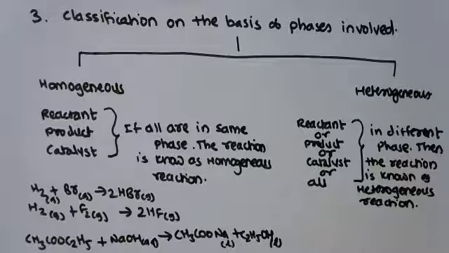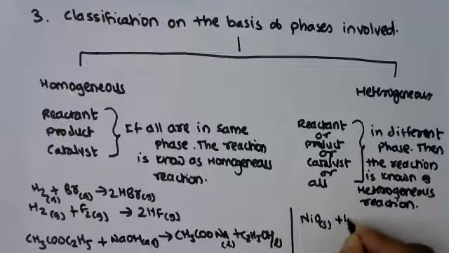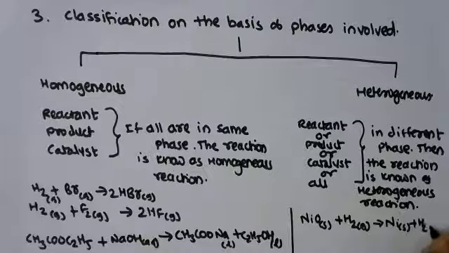Now heterogeneous reaction. The example of a heterogeneous reaction, suppose nickel oxide, this is solid. Now if this is reduced with the help of hydrogen, then what we will get is nickel metal plus water vapor.